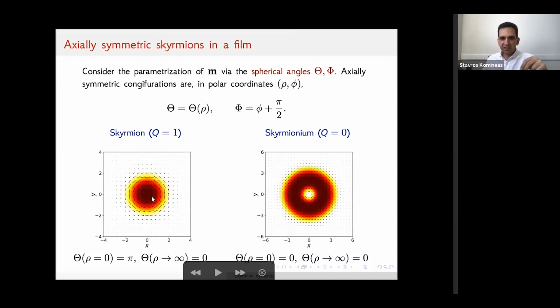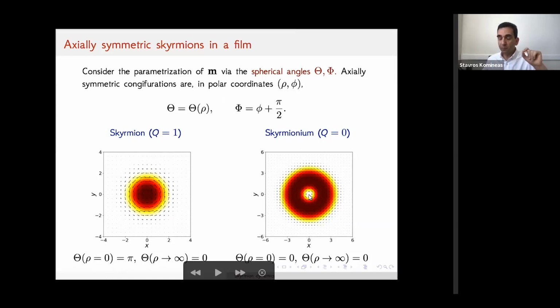So I just explained once more the skyrmion. And to complete it, let's say that this theta at the center is pi, that is the south pole. The theta away, right here in the white region, is 0, that is the north pole. Is this the only possibility of an axially symmetric skyrmion? No, because you can also construct this one, which is more complicated, but interesting.